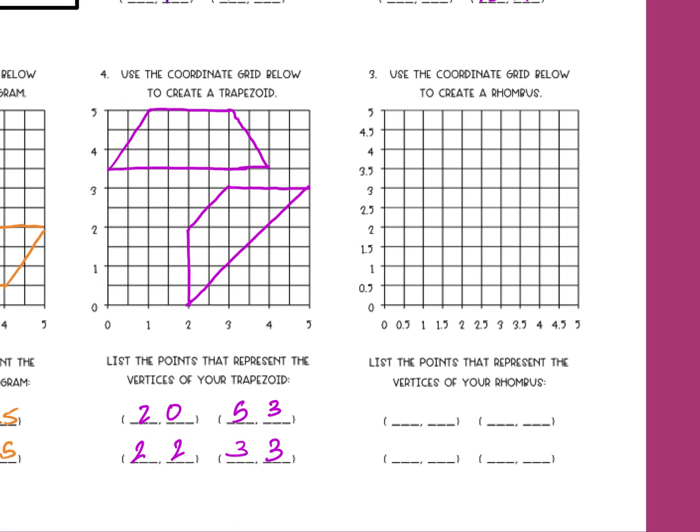Oh, I don't know if I can draw a rhombus. They cannot have right triangles, though. It's easy.